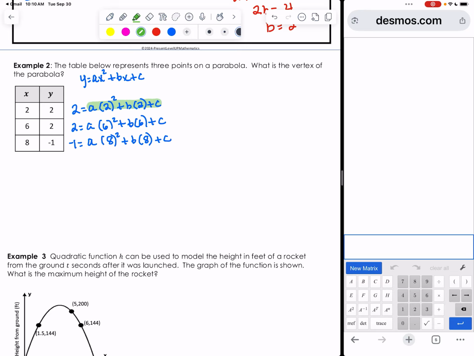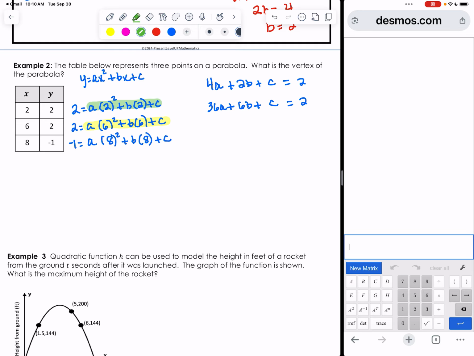Now, let's simplify that a little bit. 2 squared is 4, so 4a. 2 times b is 2b, plus c, and that's equal to positive 2. Now I'll go to my next equation. 6 squared is 36a plus 6b plus c is equal to 2.